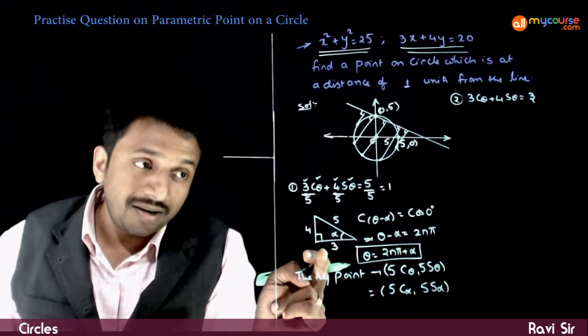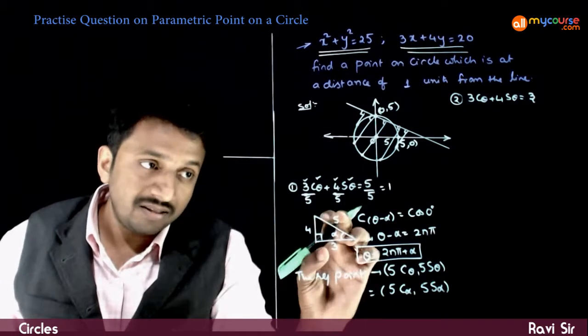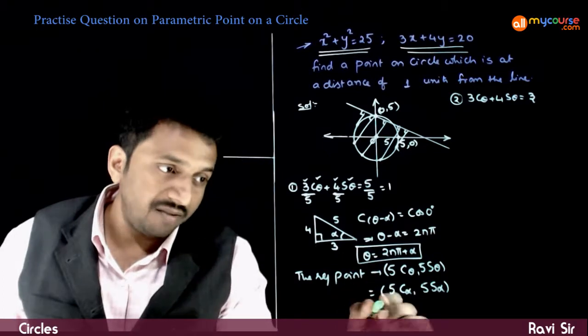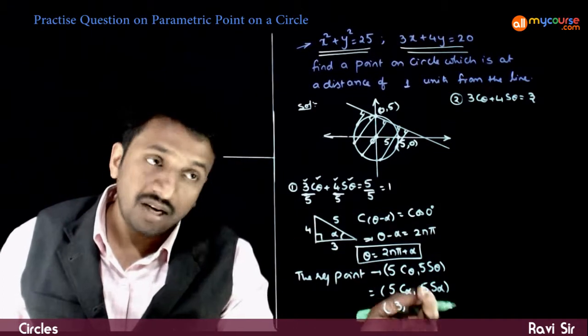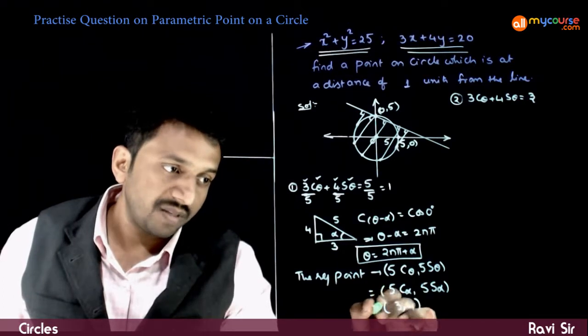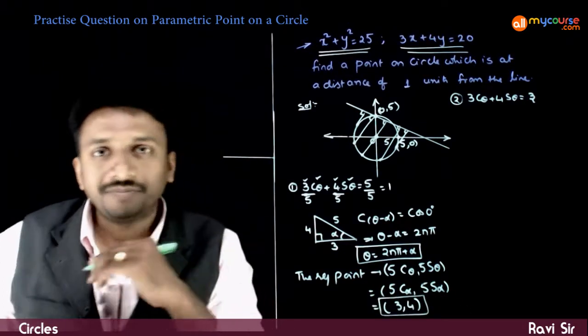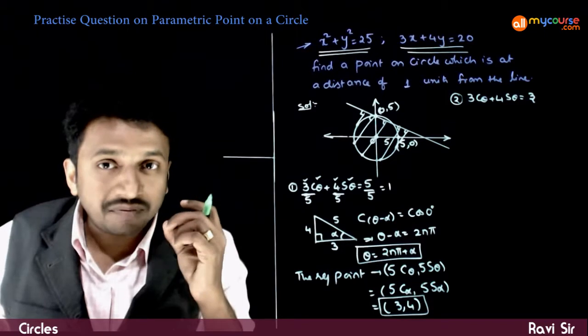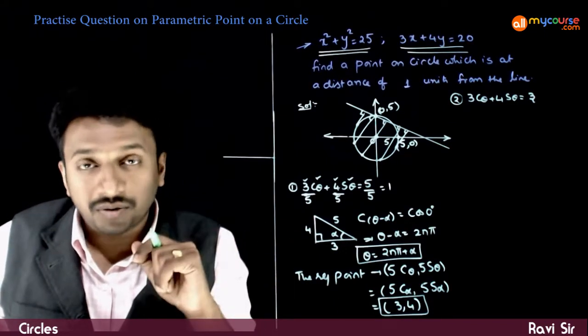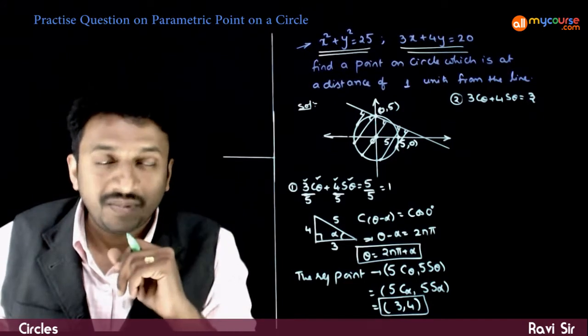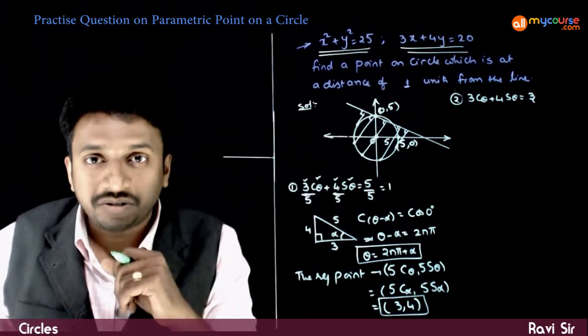And what is cos alpha? 3 by 5 into 5 is 3. Sin alpha is 4 by 5 into 5 is 4. So this is 1 point. That means you have 3 comma 4 in the first quadrant, which is at a distance of 1 unit from this line. Now let us go to our next equation.